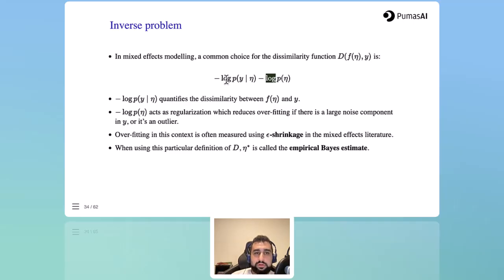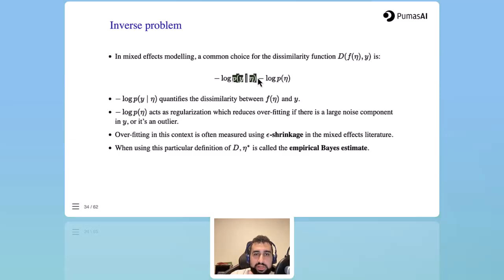That's what we're trying to minimize here. And so because we're minimizing this, we're basically maximizing the plus. So if you switch the sign to plus, we will be maximizing the positive of the log joint probability, which is the same thing as maximizing the log joint probability of y and eta.